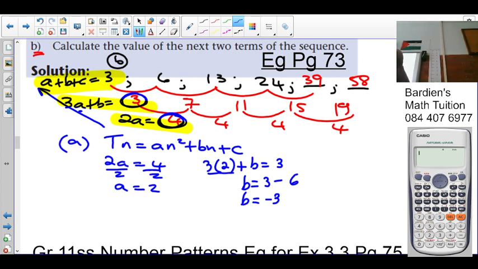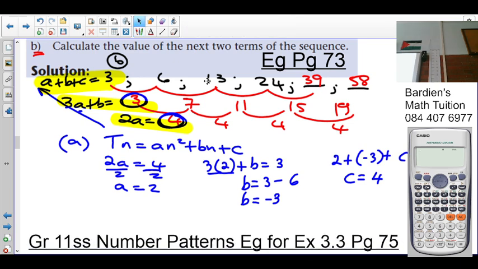The last one, A plus B plus C is equal to 3. So what do we have? 2 plus negative 3 plus C is equal to 3. So C is equal to 3 minus 2 is 1, and 1 plus 3 is? Okay, so what's my general term?